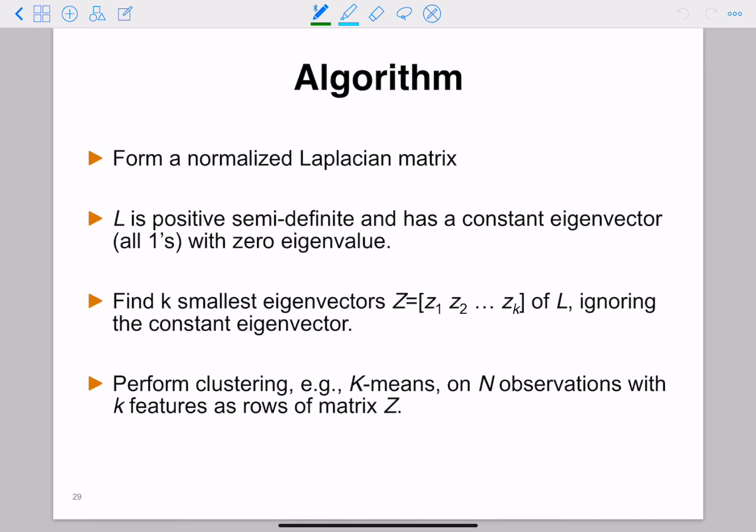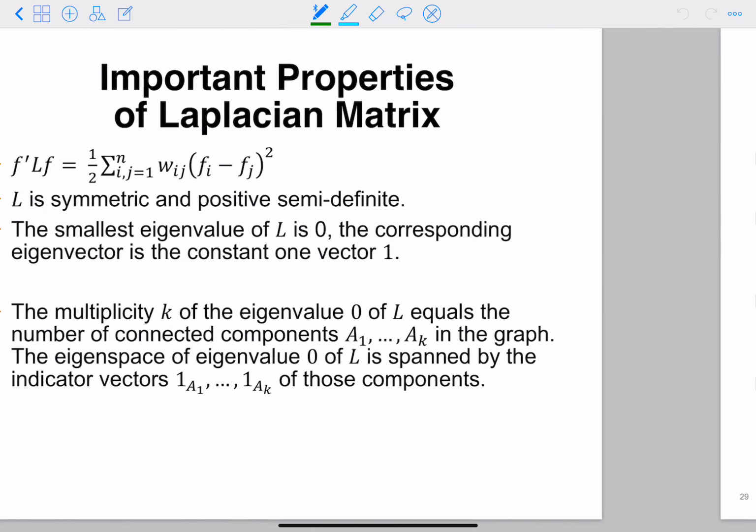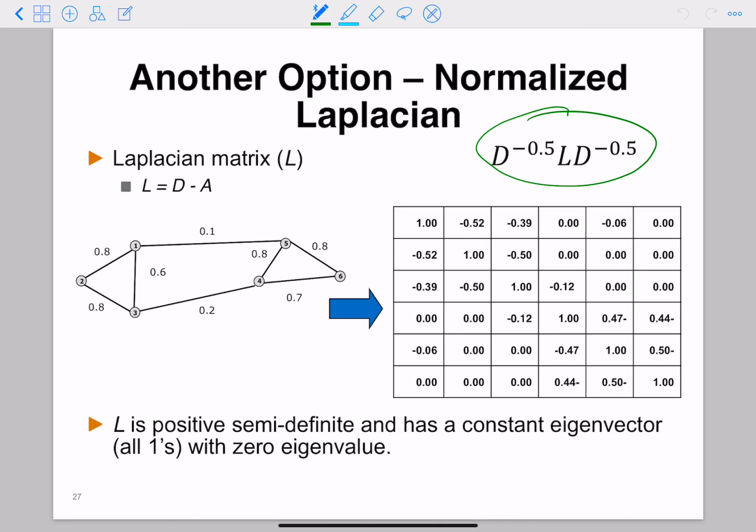That is all related to this graph Laplacian. We apply the eigen decomposition on this matrix. If we have, say, 6 nodes, we get a 6 by 6 graph Laplacian, and after applying eigen decomposition, we can sort the eigenvalue and vector pairs in decreasing order of eigenvalues.